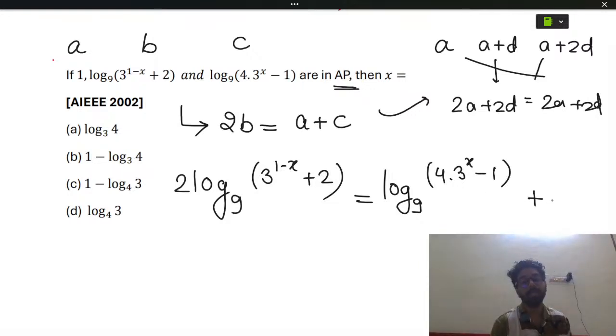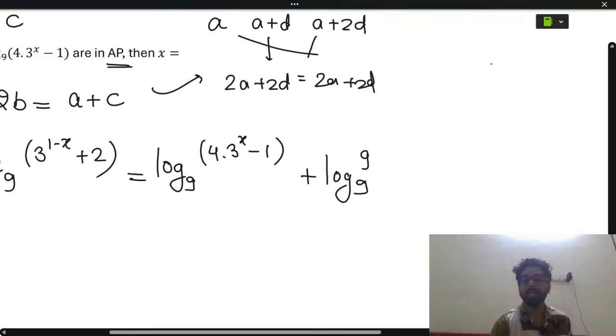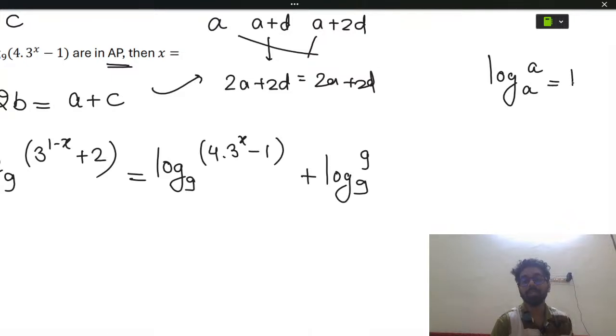Now guys, I am writing 1 as log 9 to the base 9. That you have to understand, this is the basic property of log: log a to the base a is 1.